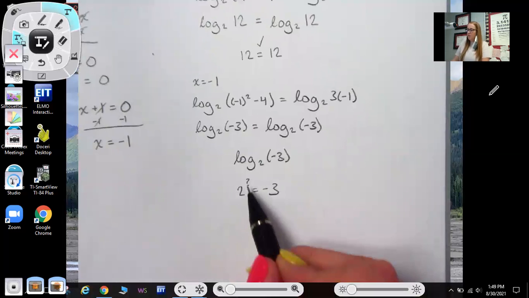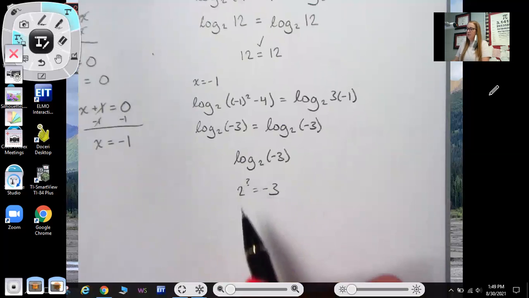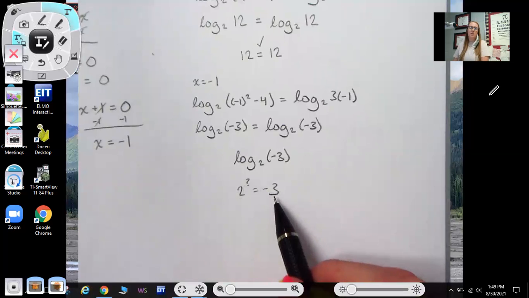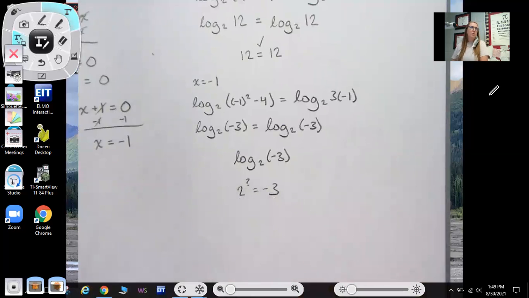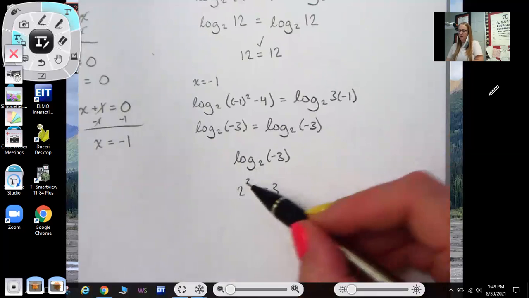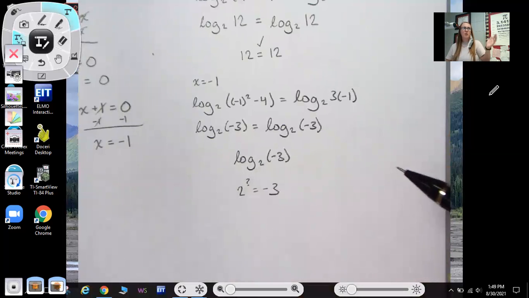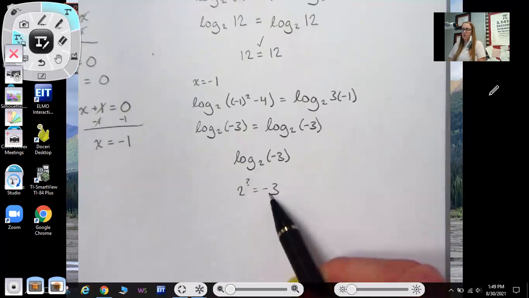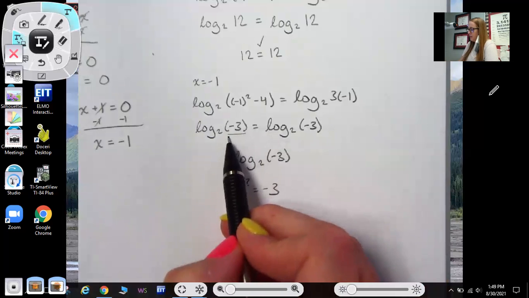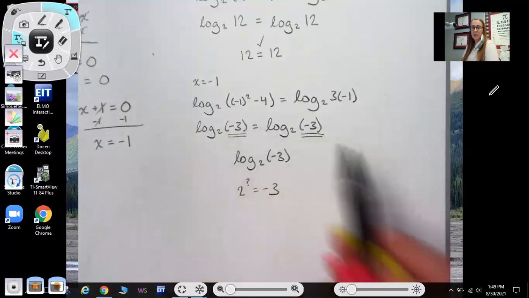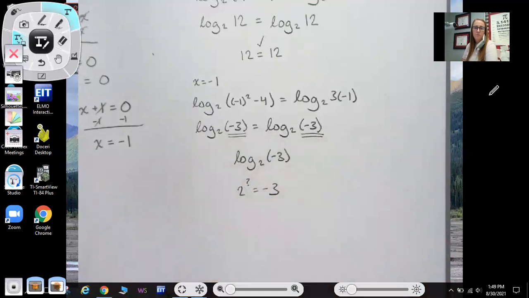There is no number that we can put as an exponent here, no real number at least, that would give us a negative answer. Because all we're doing when you raise 2 to a power is multiplying 2 times itself, however many times you put up here. 2 times 2 times 2 times 2, and so on. That's never going to give you a negative number. So when working with logarithms, the number that is in this position cannot be negative.